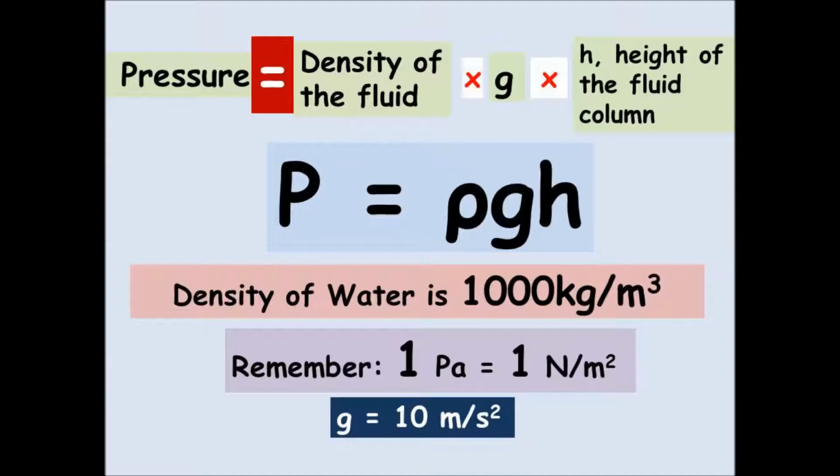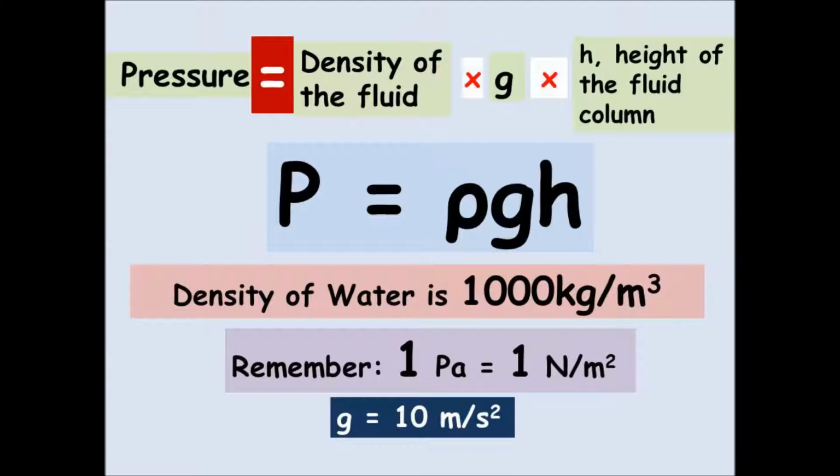Pressure equals the density of the fluid times g, which is 10 meters per second squared, times the height of the column, and that is represented by pressure P equals rho g h. Now, something very, very important: the density of water is kind of the standard for density.